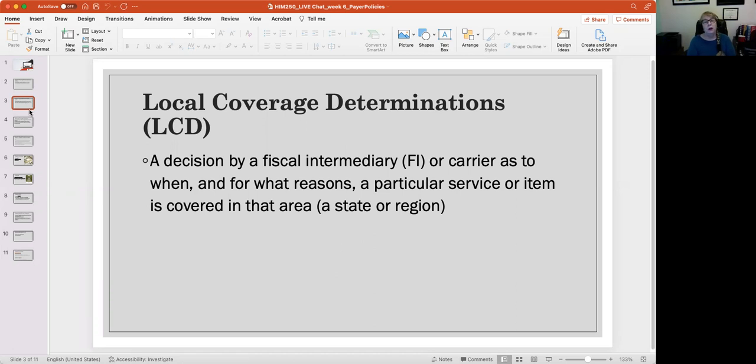And if you are working or coding for a specialty, that makes it easier. The national and local coverage determinations, the NCDs and LCDs, specify the medical necessity for the procedure as well as the specific procedure.